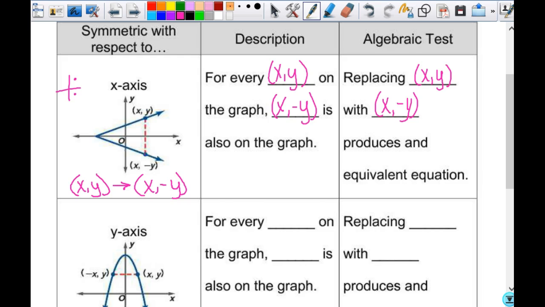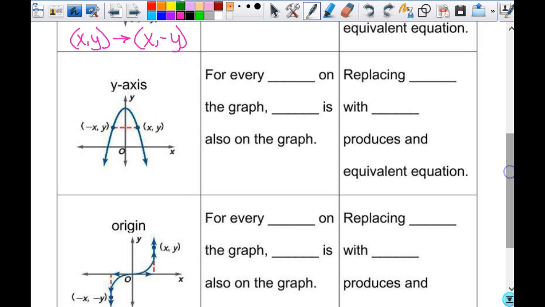All right, so let's look at the y-axis. If I have a point (x, y), it's going to map to, when I'm going across the y-axis, the y value stays the same because I'm crossing the y-axis. It's the x value that has a sign change, and it's that simple. So if I can reflect every point like that, then it has reflectional symmetry with respect to the y-axis.